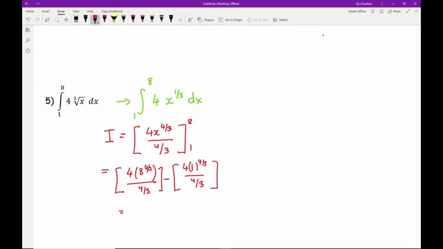So type that into your calculator, you should get a final answer of 45.